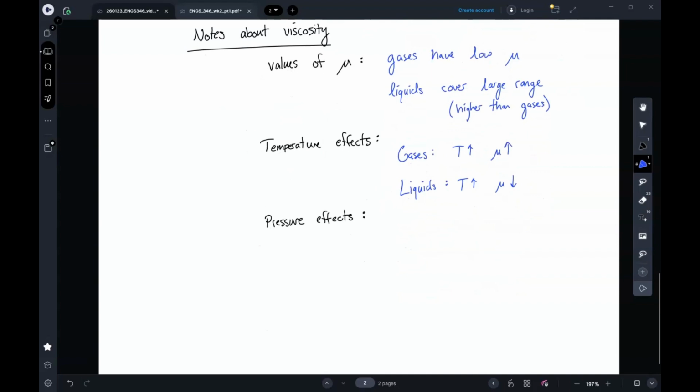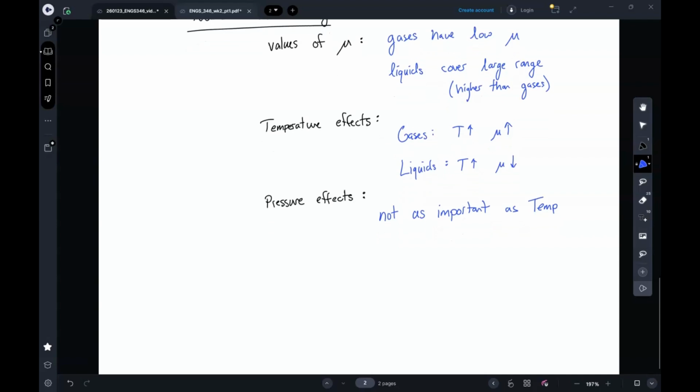How does pressure influence viscosity? Typically not a lot. So not as important as temp. It does change it, whether you're a gas or a liquid, but not as much as what it does for temperature.